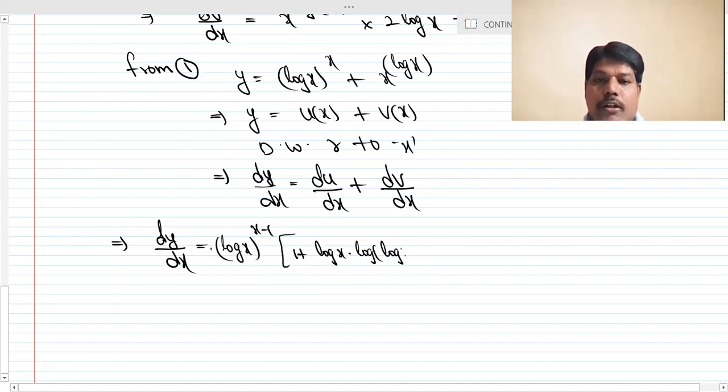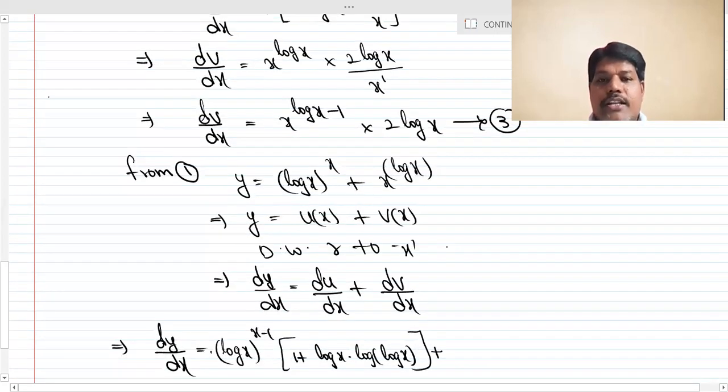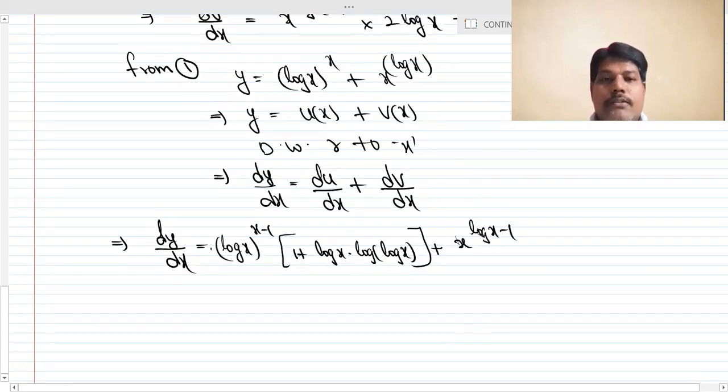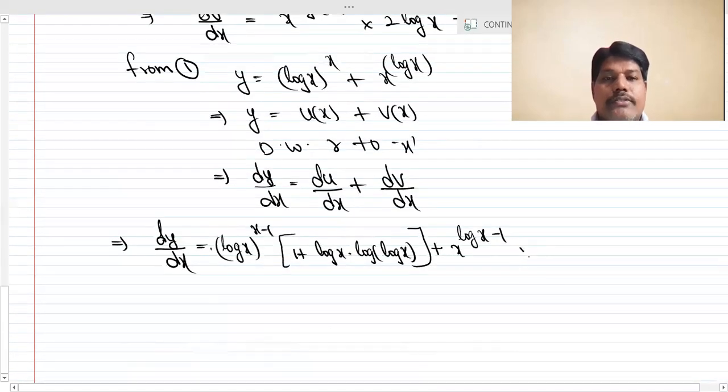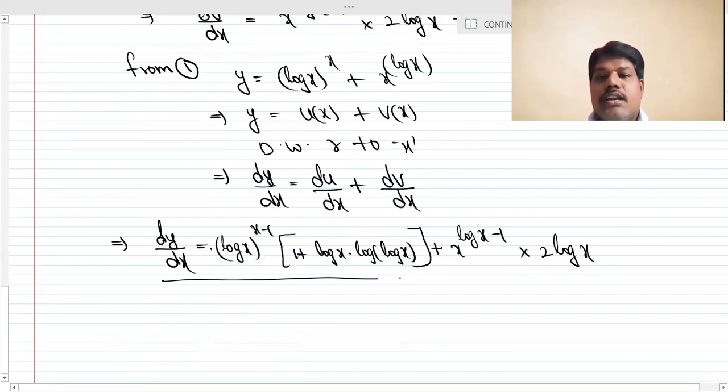This is from equation number 2. And dv by dx, what is the dv by dx value? Just now we took that as equation number 3. What is the dv by dx value, students? That is nothing but x power log x minus 1 into 2 log x. So this is the dv by dx value.